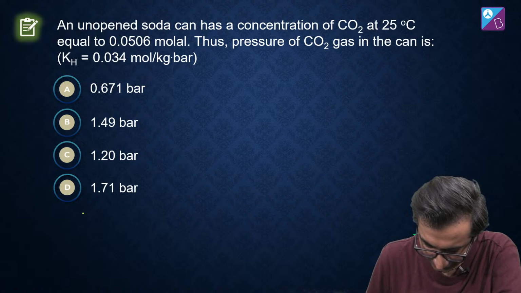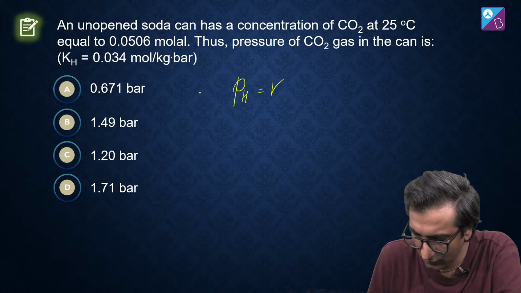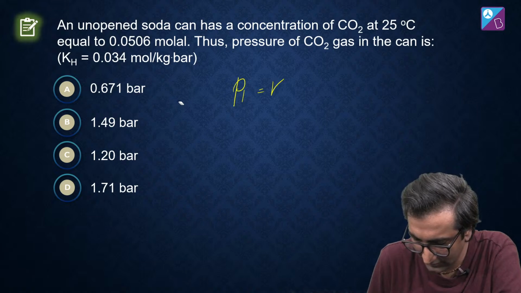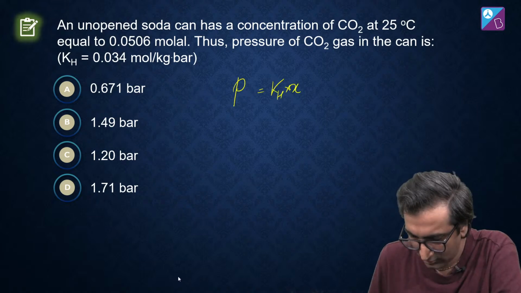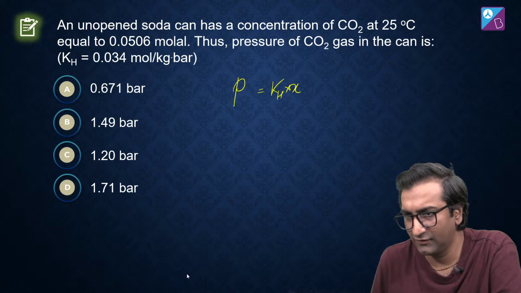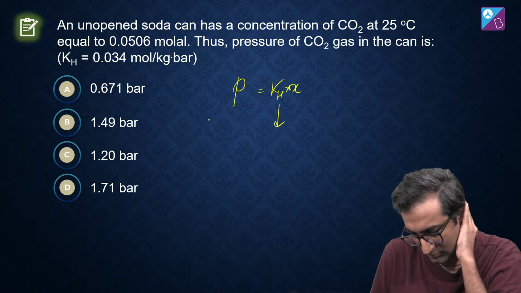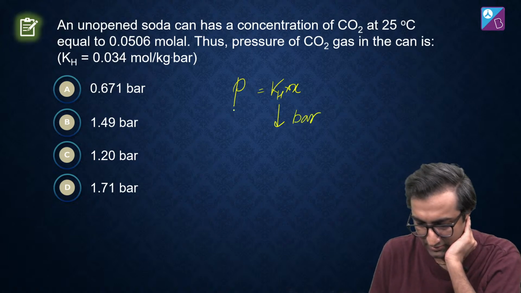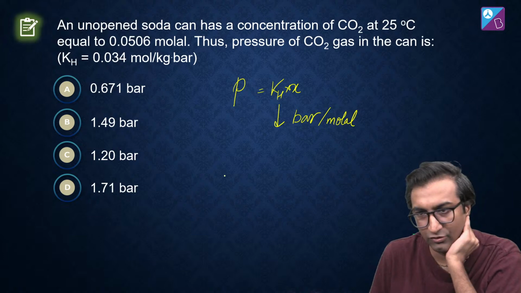In the sense, this is what you usually write, right? We normally write this. Now according to this expression, the unit of KH will be bar per molar, right? According to this expression.